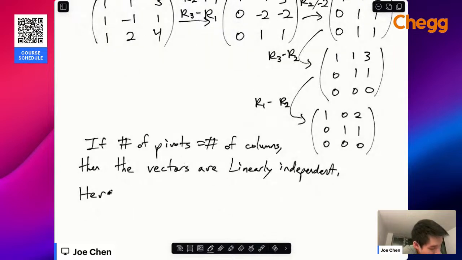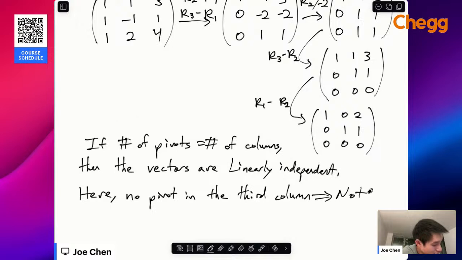But in this case here, no pivot in the third column. That implies not linearly independent. Usually we just write linearly dependent.